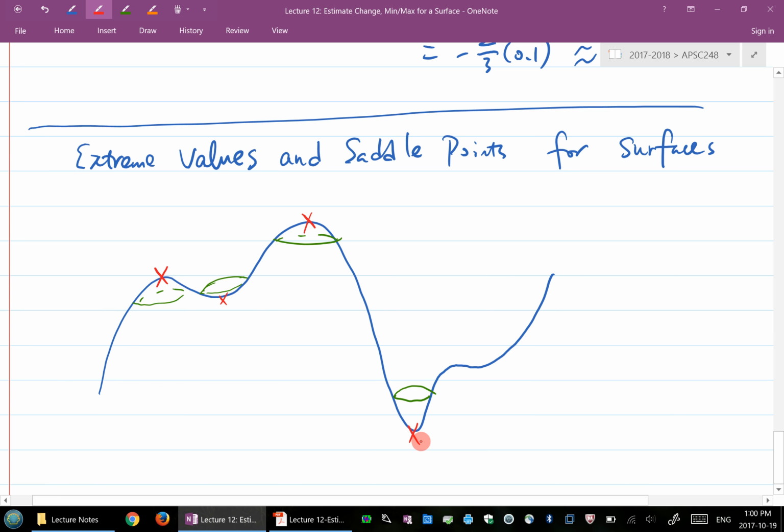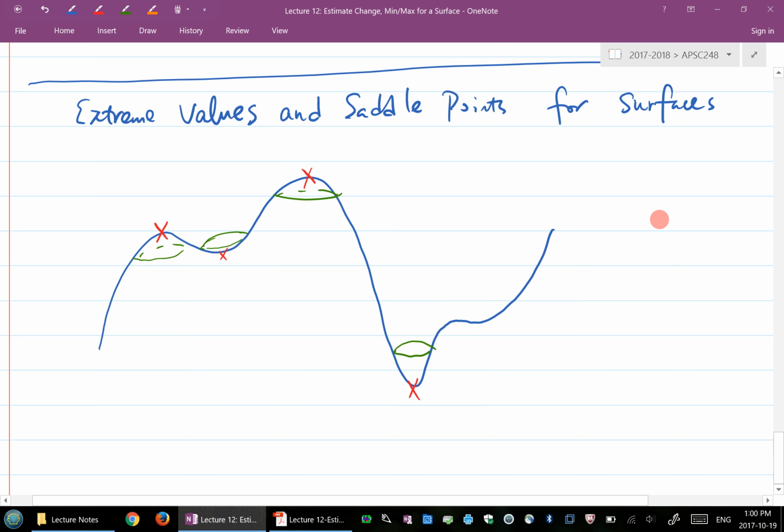These points are what we call local min or local max points. This red here is the local min, local max. For example, this is a local maximum, this is a local minimum, another local maximum, another local minimum.